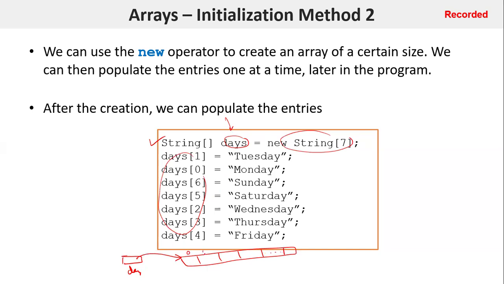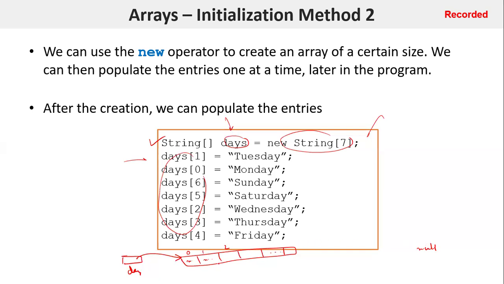So 0, 1, 2, these references. When you write down this sentence, these are all null, null, null, null, null, null, null, null, null.